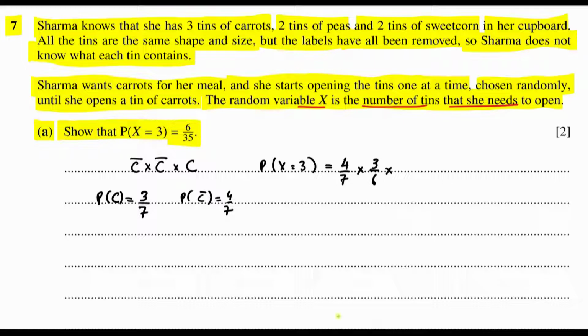Then we calculate, and that gives 6/35, which is the answer we require.